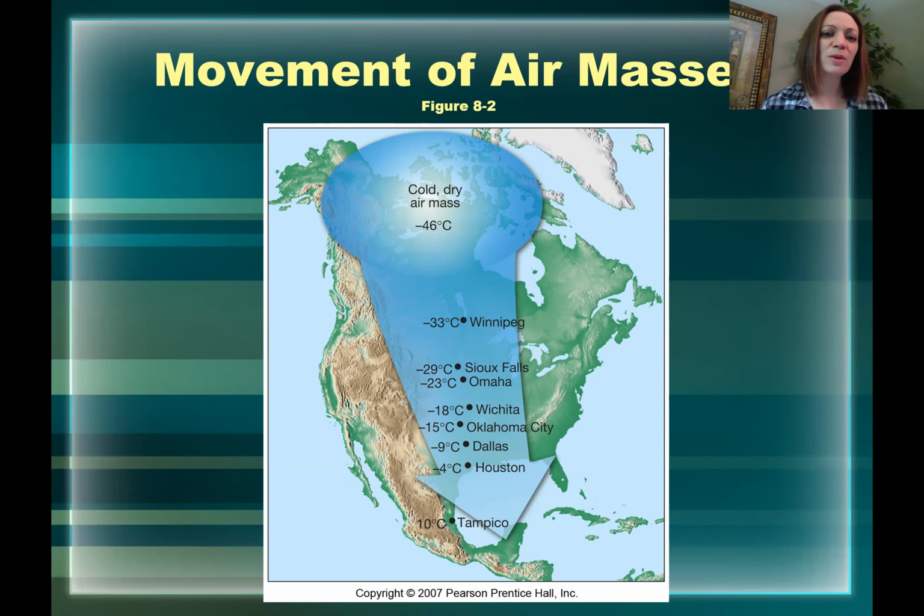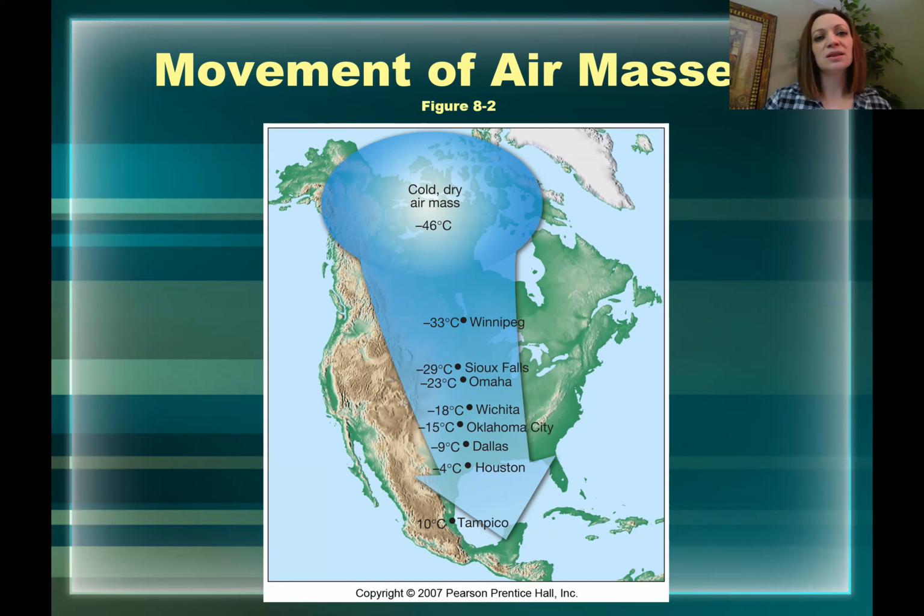It started off maybe as negative 46 degrees Celsius, but it's not going to stay that way all the way down into Houston because as it moves, it's crossing over warmer land. It's going to start to move to a latitude where there's more sun coming in and heating up the ground. And so that air mass will naturally start to change. The longer it spends out of its source region, the more its characteristics start to drift and be modified a little bit. We'll talk more about air mass modification in the next section.